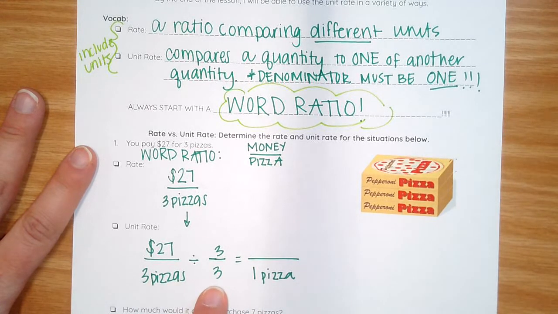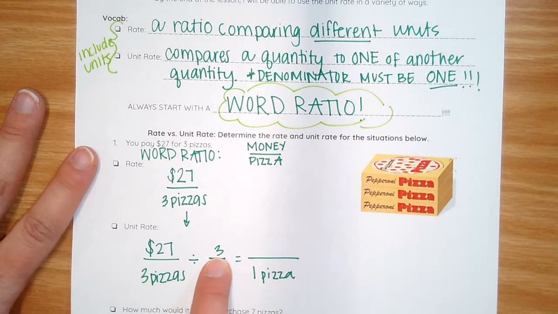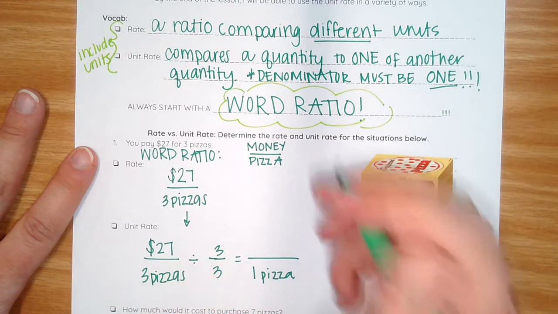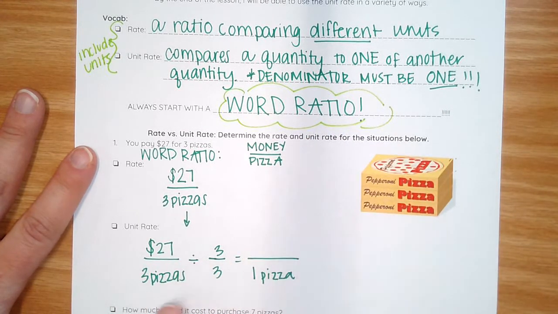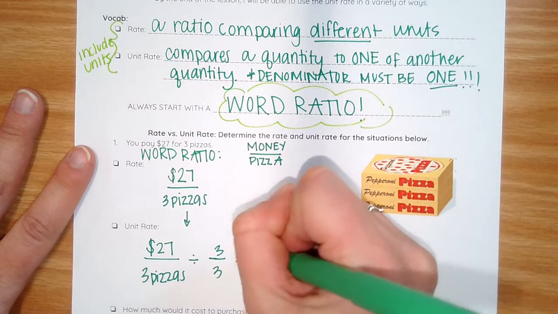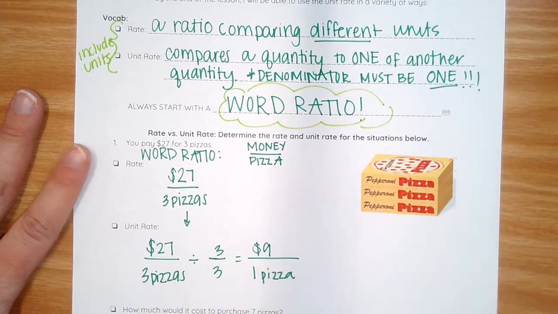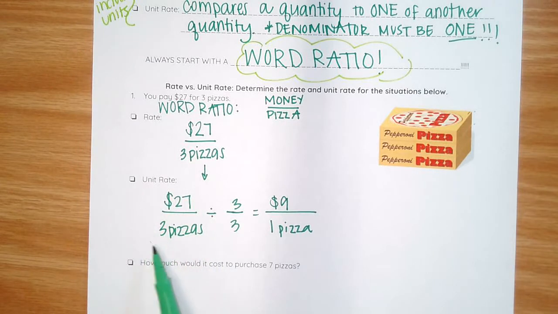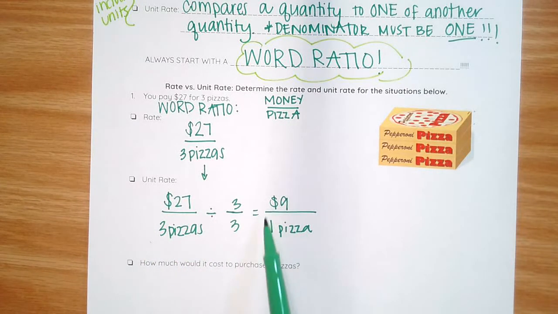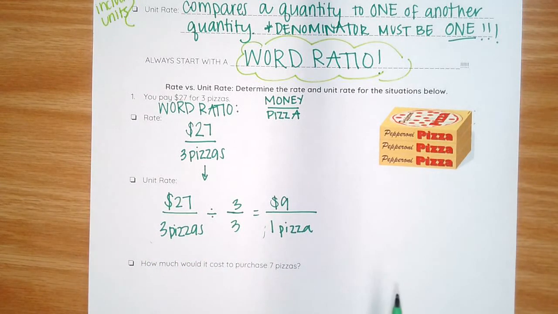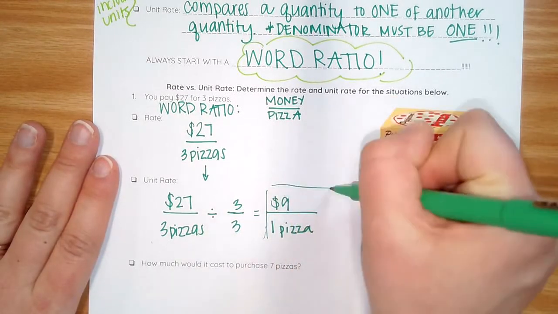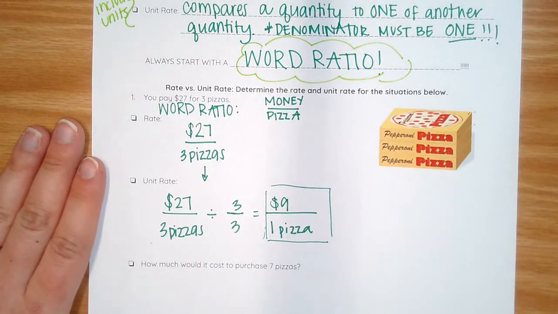Because I divided the denominator by 3, I also need to divide my numerator by 3. 27 divided by 3 is 9. Note that in my rate, I include my units. In my unit rate, I include my units. So this right here is my unit rate.